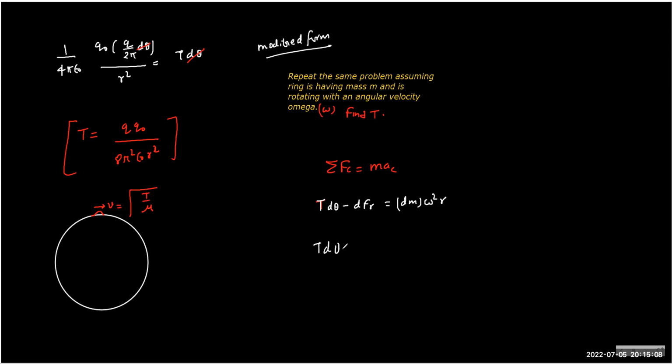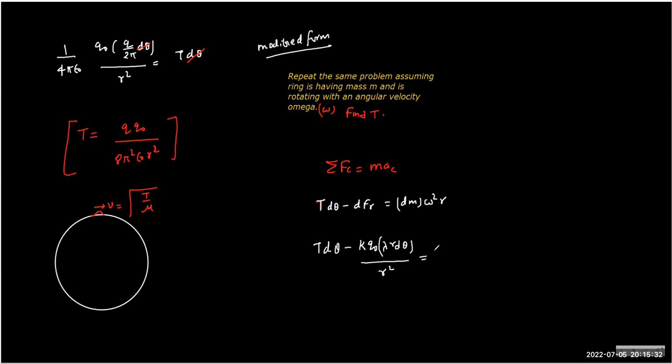Yes. So this will be k q naught dq, which is lambda d theta. I can just write lambda r d theta, and we can substitute the lambda later on by r square. And dm we also have to write with lambda, but now it's confusing.